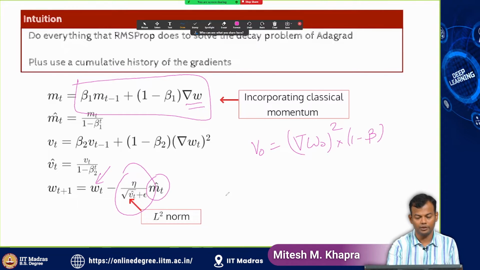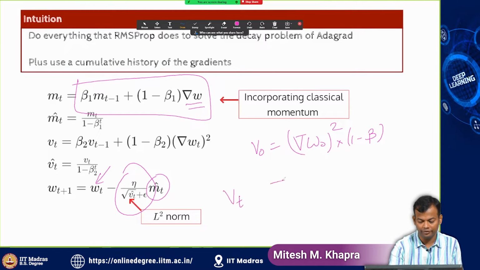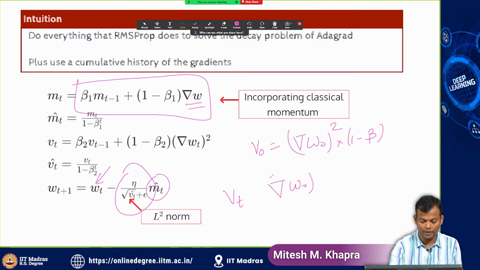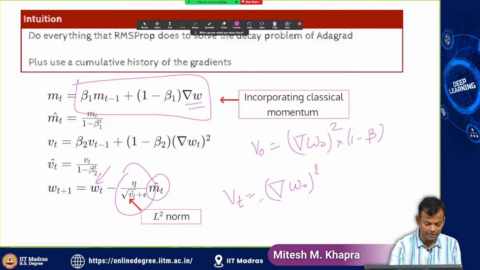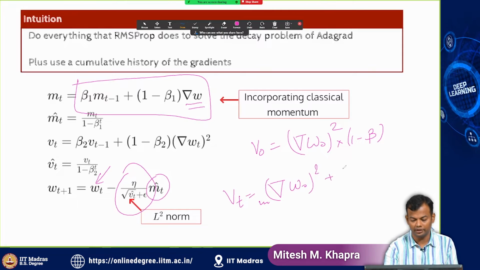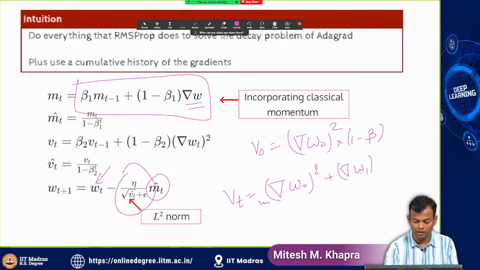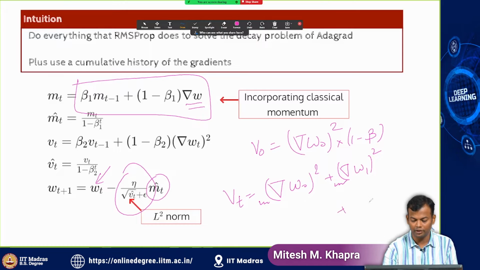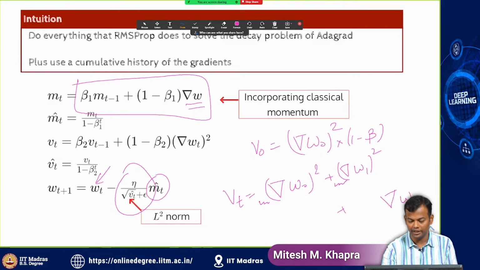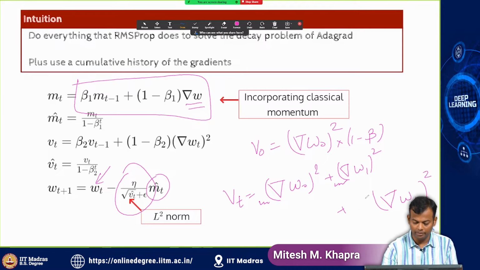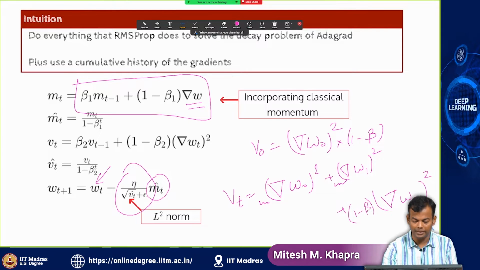And then if you look at Vt, it will have delta W0 square appropriately multiplied by some decay factor, then delta W1 square again multiplied by some decay factor, and all the way up to the current gradient multiplied by 1 minus beta, right?